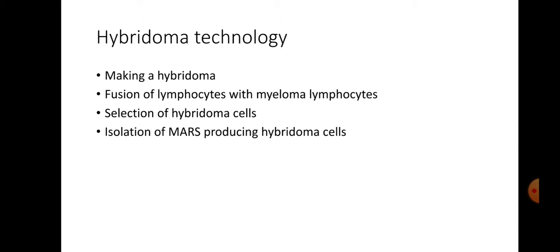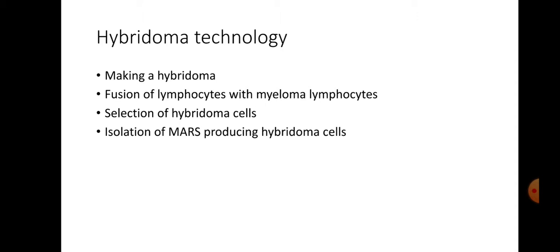However, the hybridoma cells grow successfully because they possess the ability of the myeloma lymphocytes to grow in vitro and the normal HPRT gene inherited from the normal lymphocyte. So, due to the presence of the HPRT gene and myeloma ability, these hybridoma cells will grow on the HAT medium.